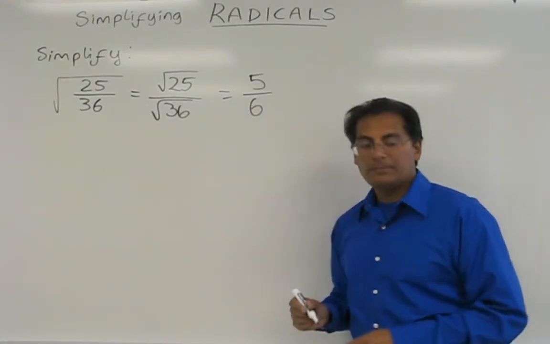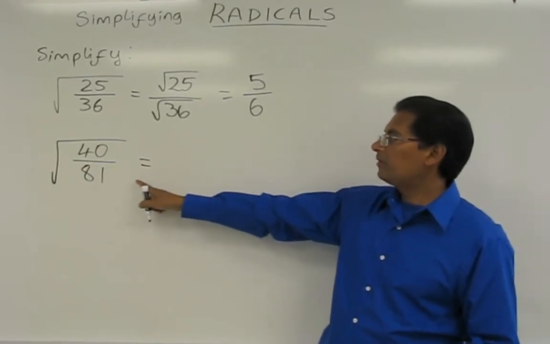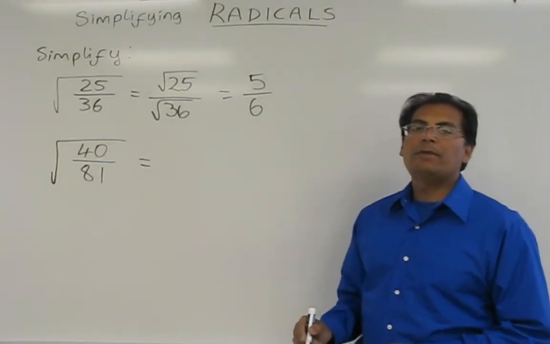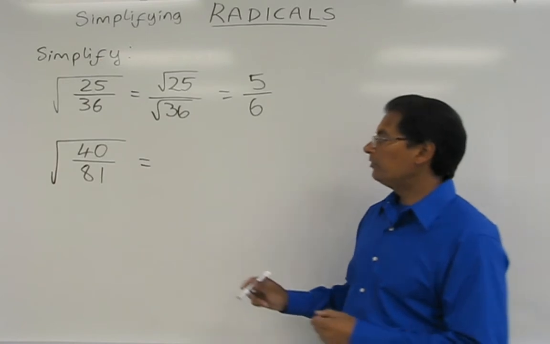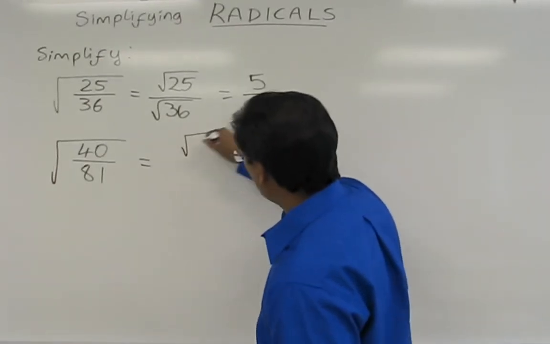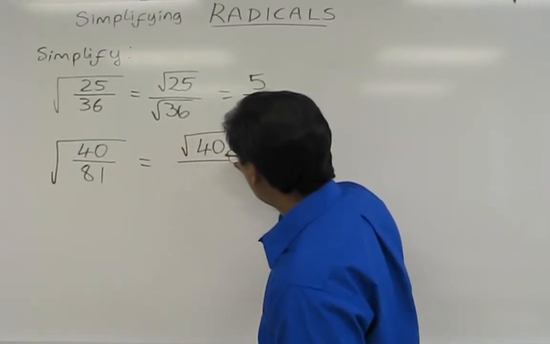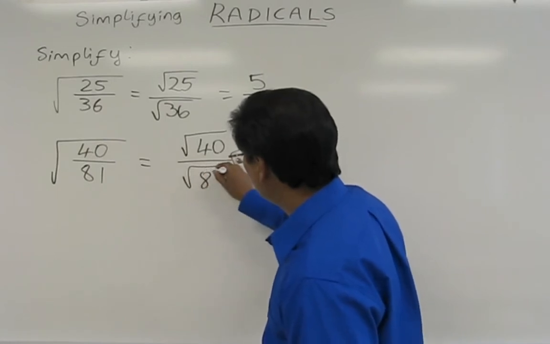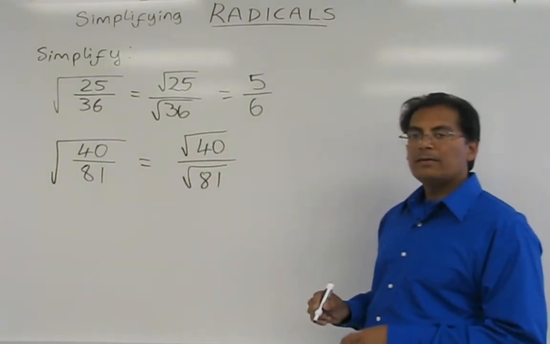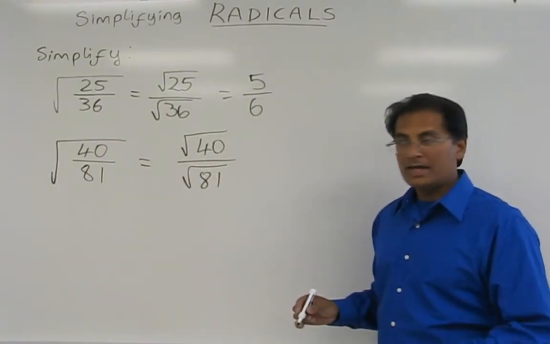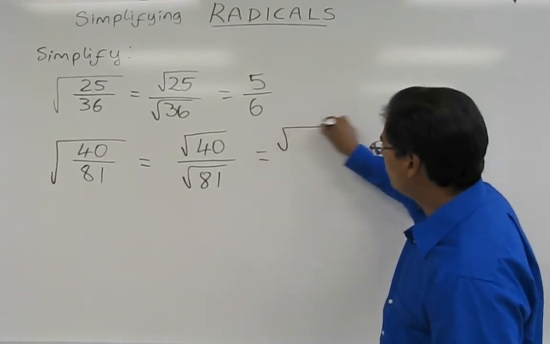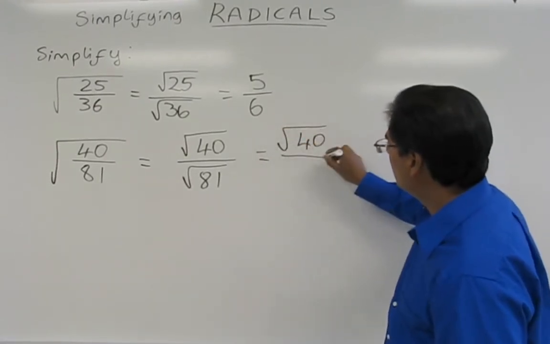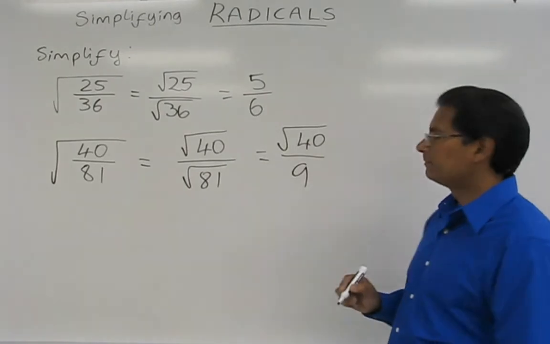Let's take another example. Suppose we want to simplify the square root of 40 divided by 81. So again, we separate them out. So we'll have the square root of 40 and the square root of 81. Now, the square root of 81 we know is 9. So this is the square root of 40 over 9.